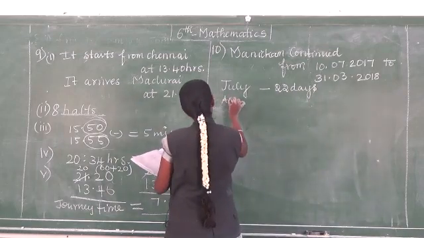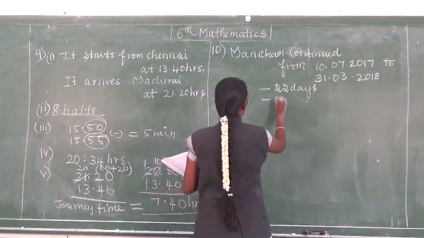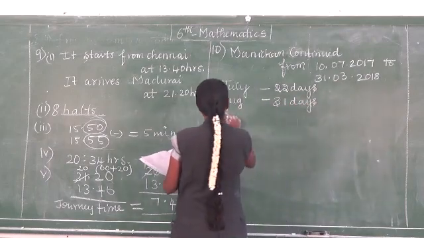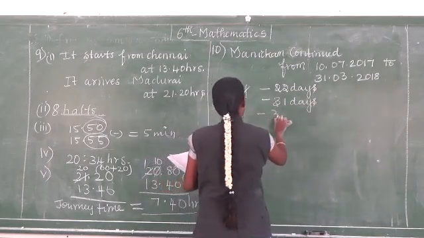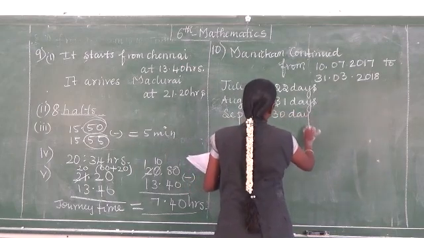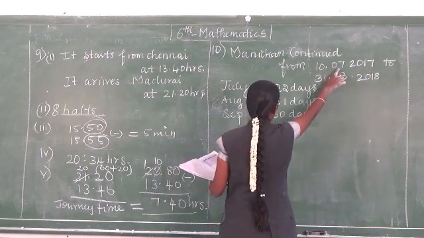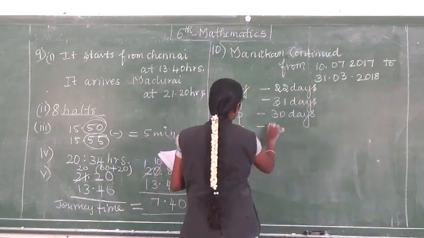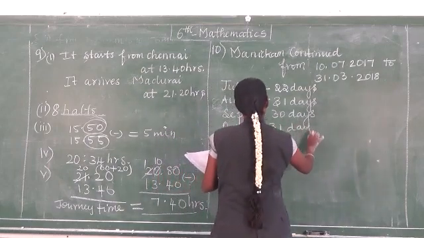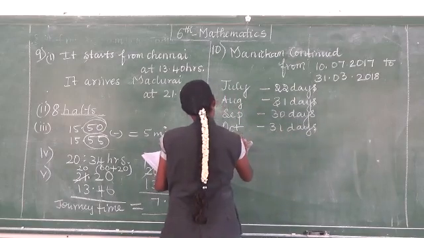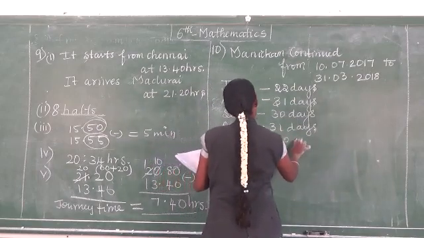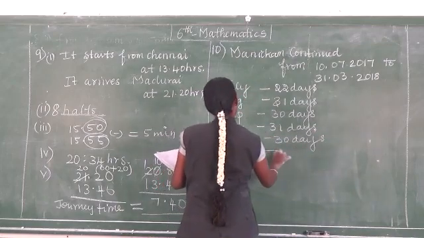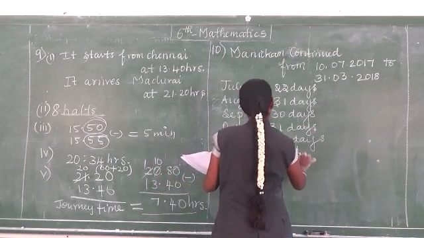Then August month how many days will be there? 31. Then September we have 30 days. October month 31 days. November 30 days. December 31.